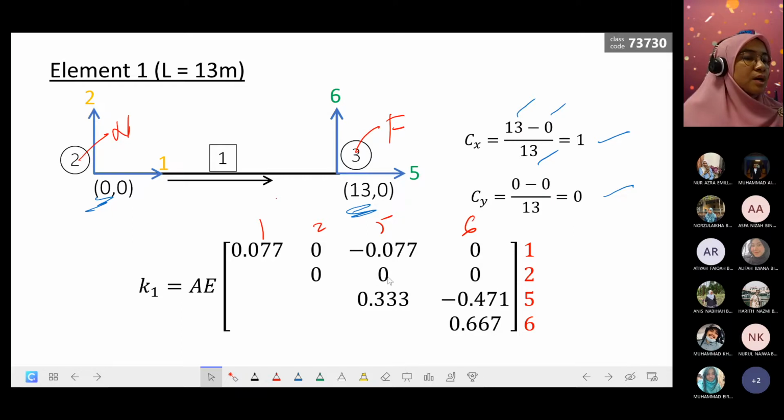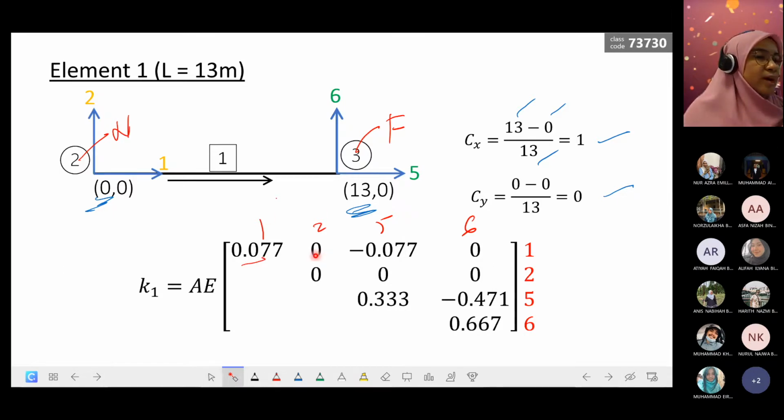So 1, 1. This is the position, actually the position in the structure stiffness matrix, but this is for the element. If we want to calculate later the value for position 1, 1, please find 1, 1 here.